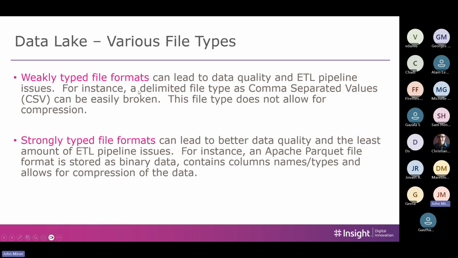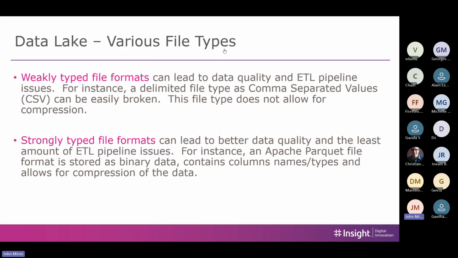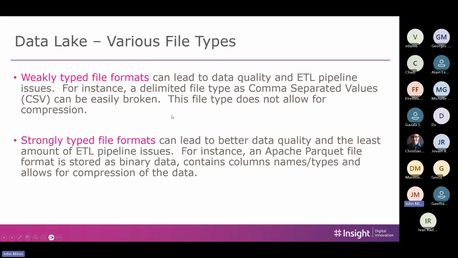And so that's the reason why you want to stay away from these weak file formats, because if you're doing inference, it means you have to infer the columns and data types. You have to go through the whole file doing it. Now, there's a way around that. You can still give it a schema when reading. That'll make it not infer stuff, but you still have to process the whole file. And especially JSON files, they're huge, a lot of bloat.